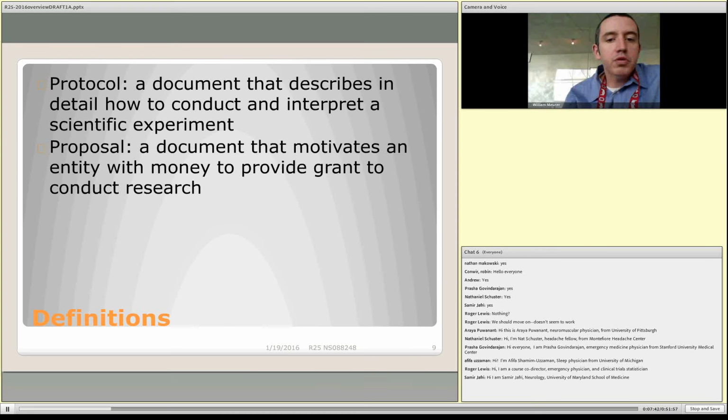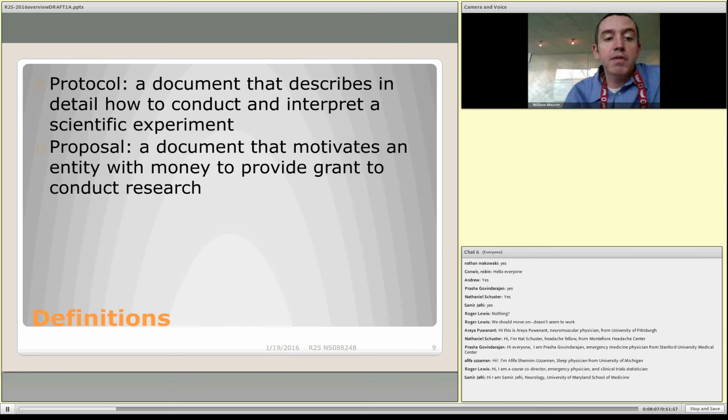So this is something that may seem intuitively obvious, but I think we're just going to lay this out here just so that people understand this distinction that we make in the course that we find actually quite important. So one of the key goals of our course is to develop a protocol, which is a document that describes in detail how to conduct and interpret a scientific experiment.